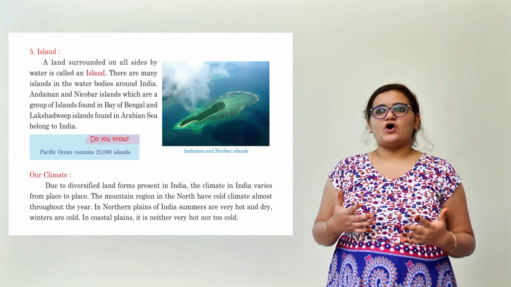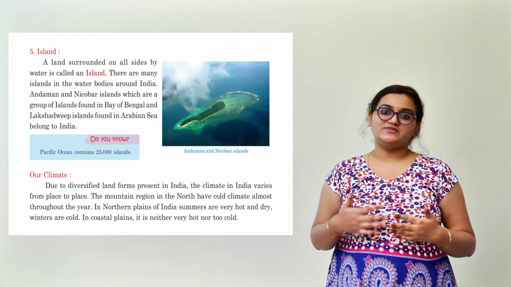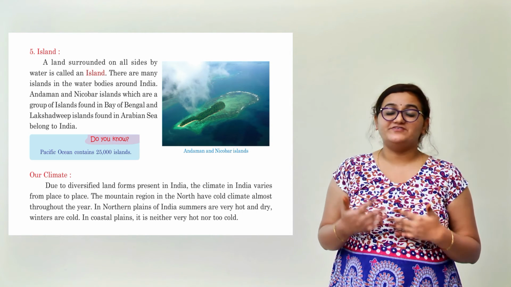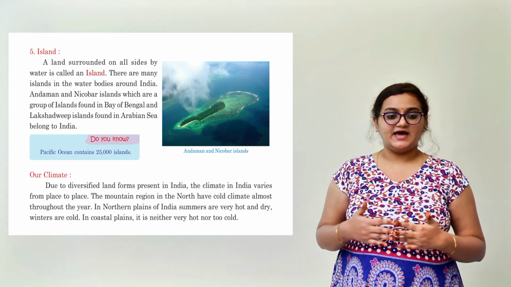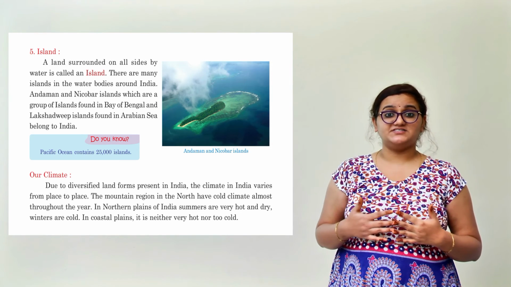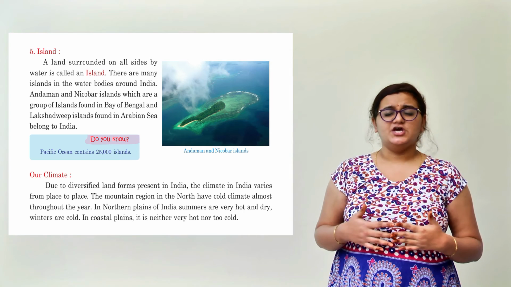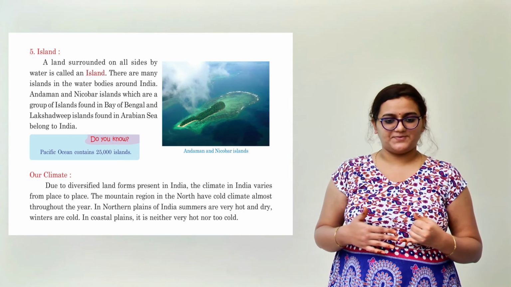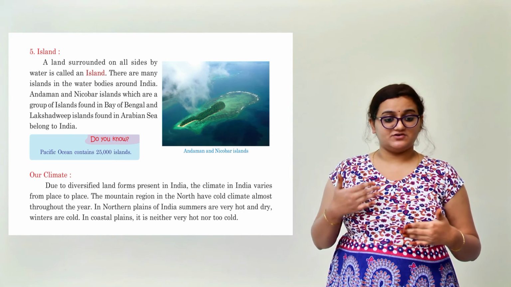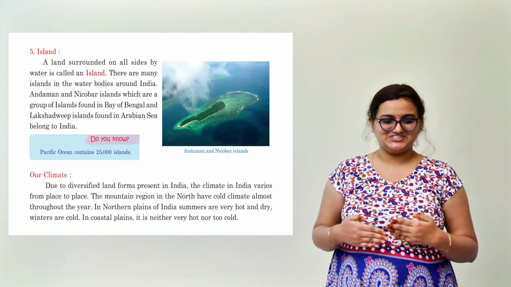So children, we discussed all the different kinds of landforms by far, how they are, what we can see there. Yes. Now, because of these different landforms, our country is a very diversified climate country. There are so many different climates, so many different types of soil. You know, from place to place, everything is changing.